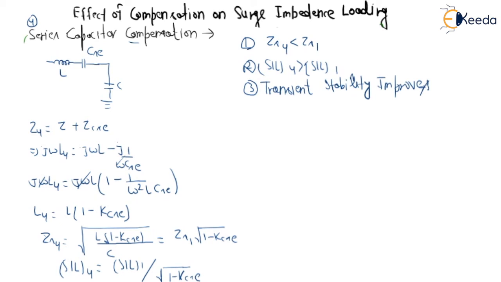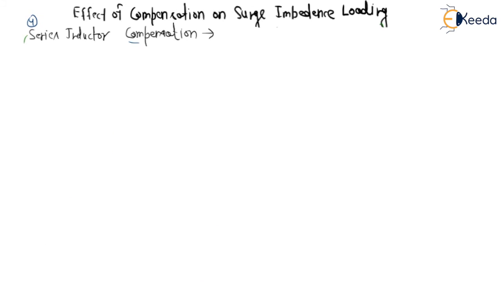Now one compensation that remains is series inductor compensation. So series inductor compensation means this is the L of the system, the LSE of the compensation, and this is the C of the system. Now we will write Z5, which will be equal to Z plus ZLSE.